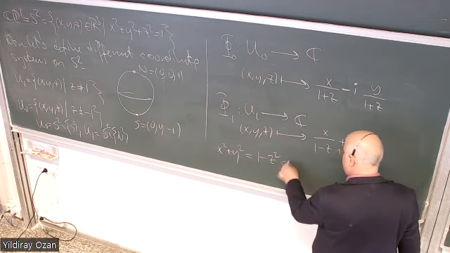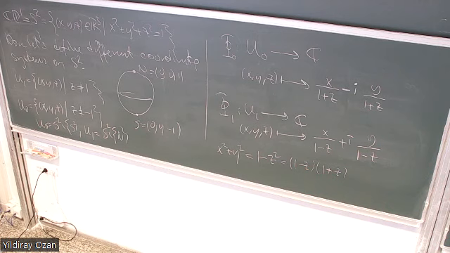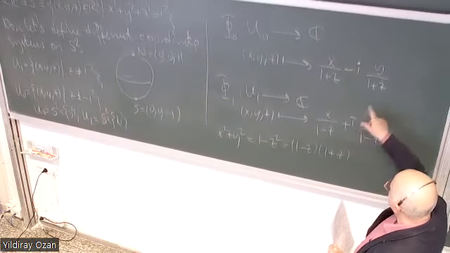And 1 minus Z squared is 1 minus Z times 1 plus Z. Okay, şimdi bunun inverse'ünü yazacağız.